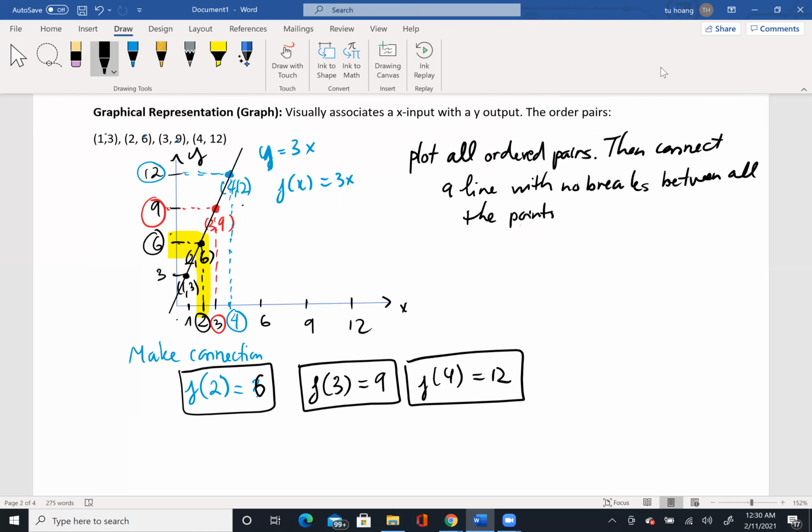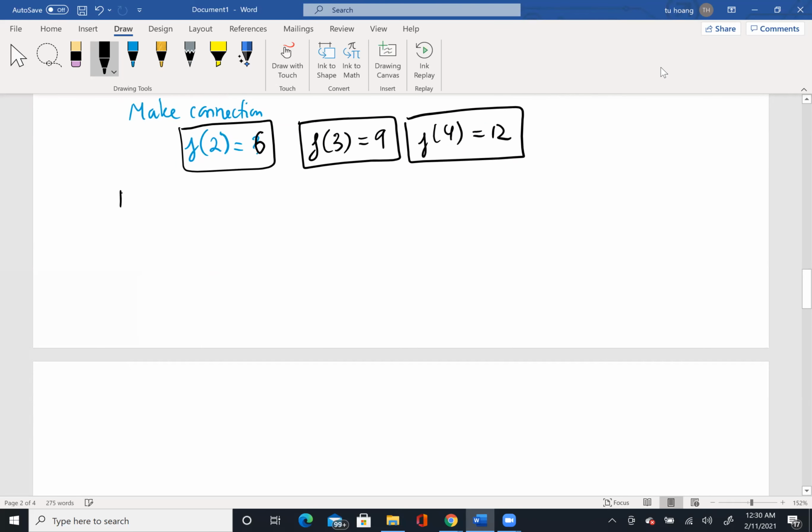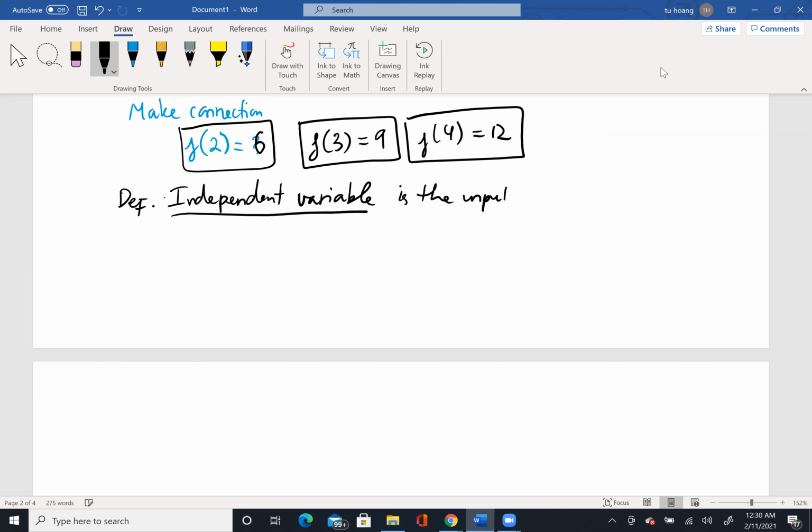Okay, so let me move down here. One more thing that I want you guys to know is the definition of the independent variable, which is the input variable.